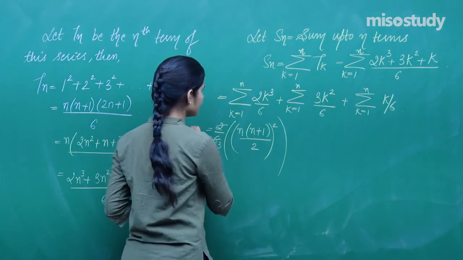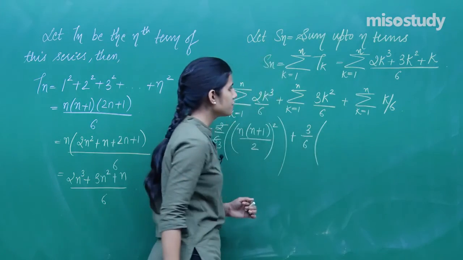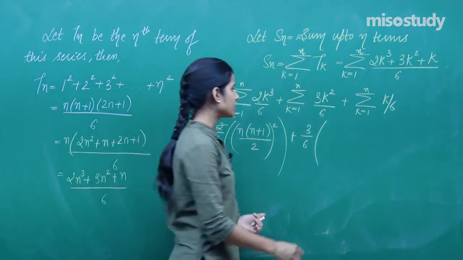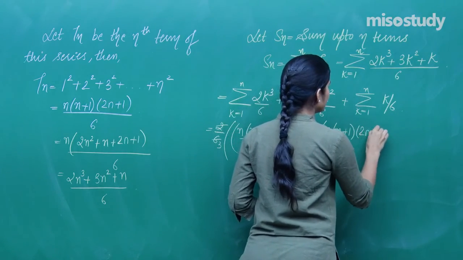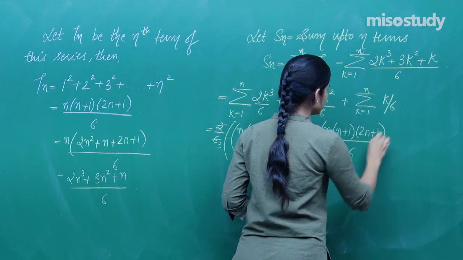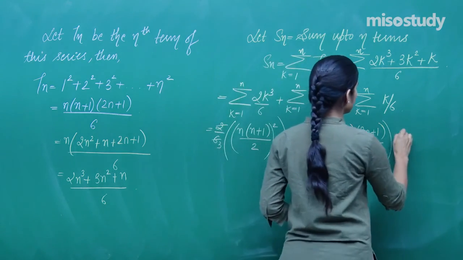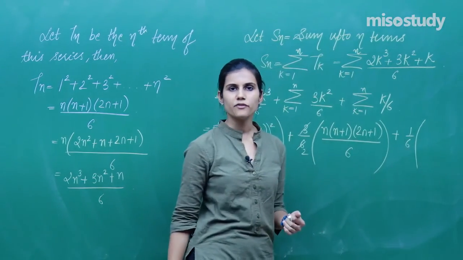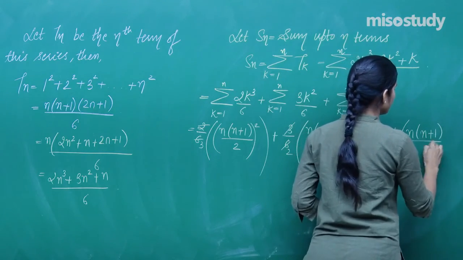This is 2, this is 3, plus 3 by 6 again comes out. You are left with summation k square, sum of square of first n natural numbers, it is n, n plus 1, 2n plus 1 by 6. This is 2. 1 by 6 comes out. You are left with summation k running from 1 to n, sum of first n natural numbers, n into n plus 1 by 2.